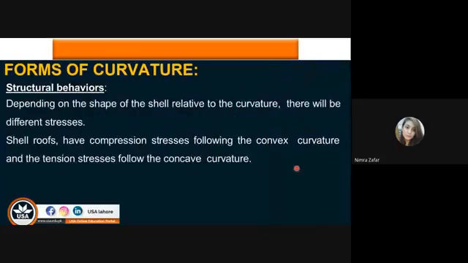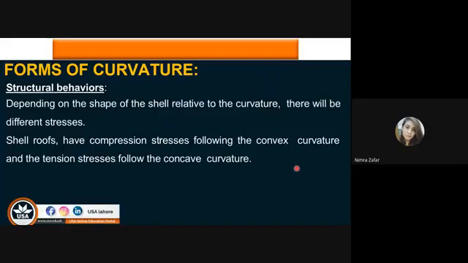Structural behavior. Depending upon the shape of the shell relative to the curvature, there will be different stresses. Shell roofs have the compression stresses following the convex curvature and the tension stresses following the concave curvature. So what happens in the shell roofs?